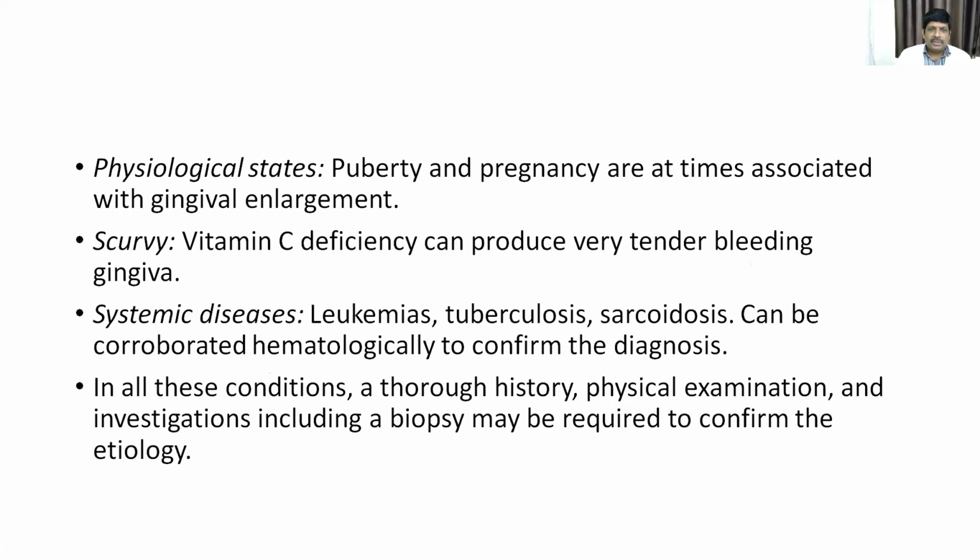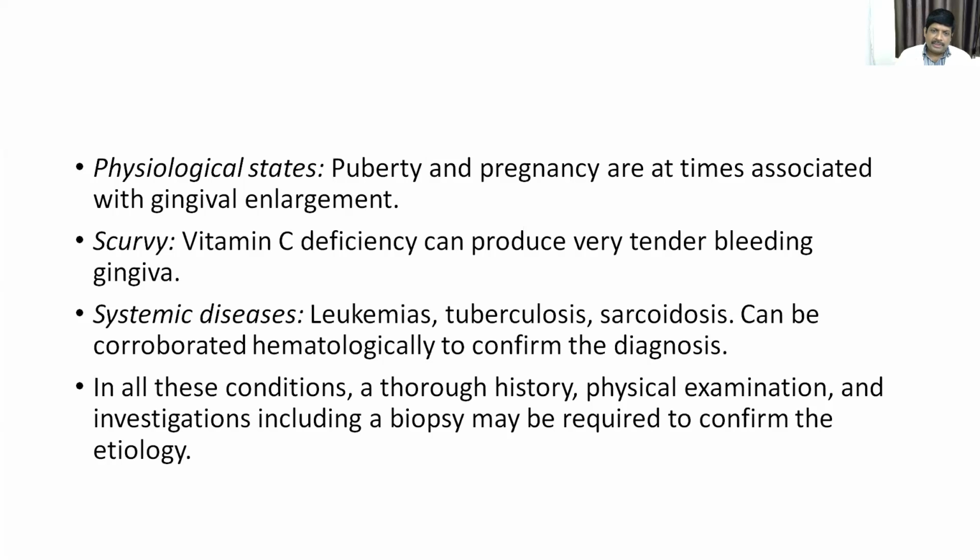Physiological state, at puberty or pregnancy, many a time gingival enlargement can be there. If there is deficiency of vitamin C, it may produce tender bleeding of gingiva. Then systemic disease like leukemias, tuberculosis, sarcoidosis can be corroborated hematologically to confirm the diagnosis.